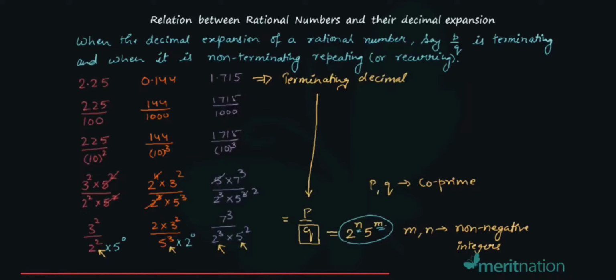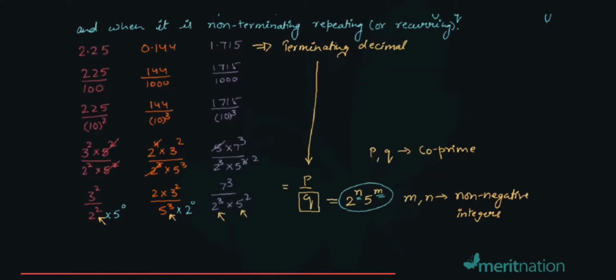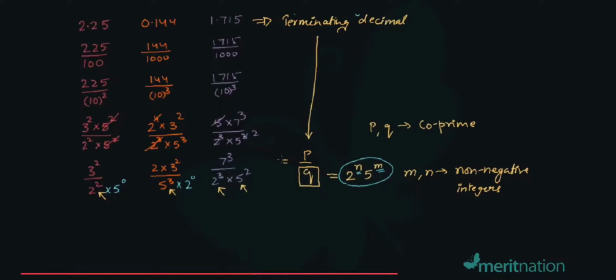Now, the vice versa of this is also true. What do I mean by that? It's a very, very simple thing. It means just the opposite of whatever I've written over here.